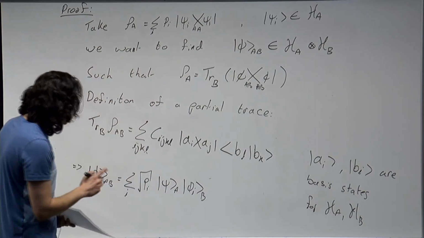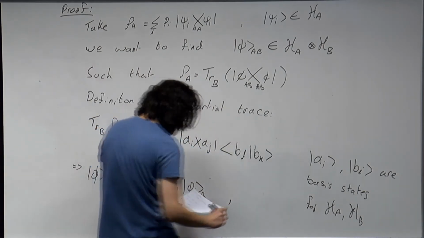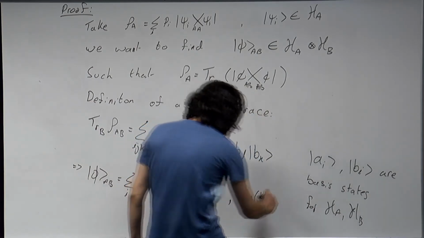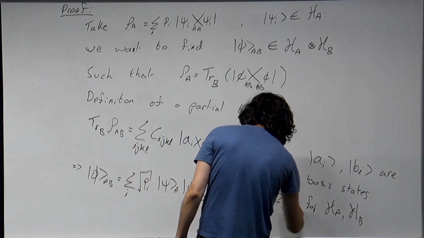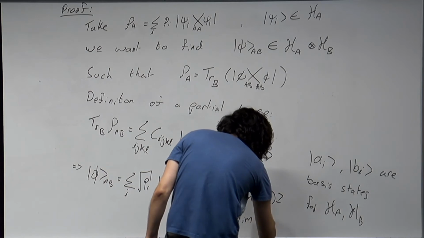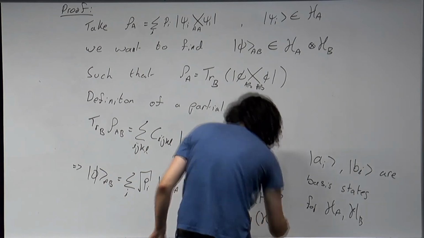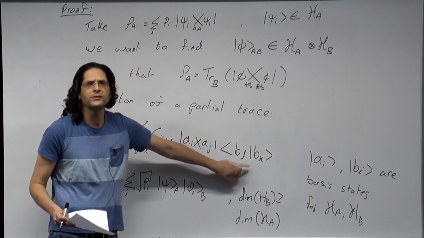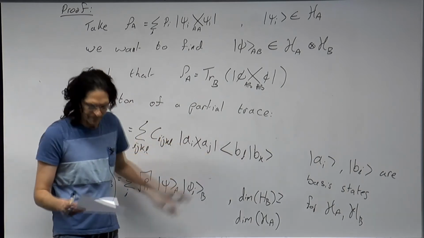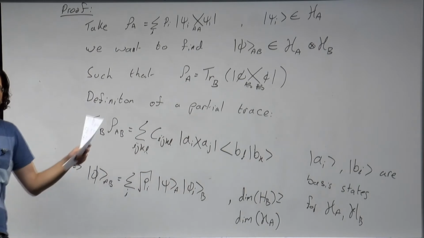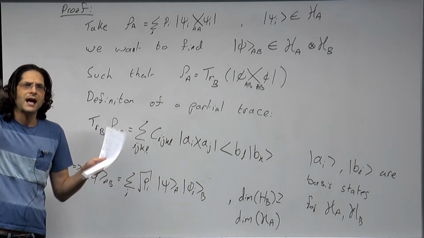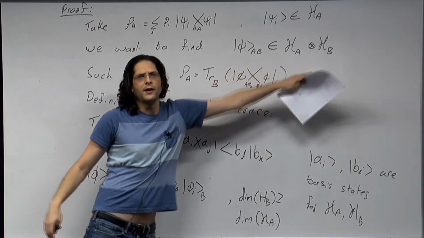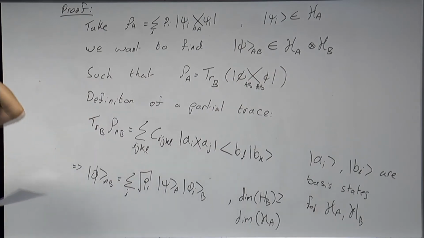Now there is an assumption here: the dimension of H_B is larger or equal to the dimension of Hilbert space A. You need to be able to sum enough coefficients to get the full density matrix. So when you're purifying, your new pure state has to be on a Hilbert space which is at least as large as your original one plus an additional one.